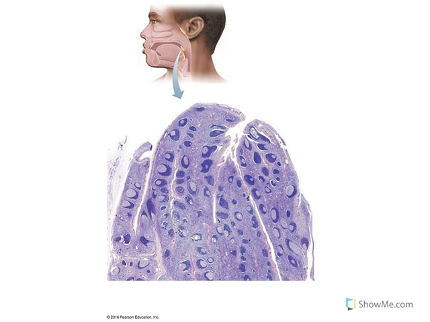Palatine tonsils, lingual tonsils, pharyngeal tonsils are all found in the mouth/nose area. So the pharyngeal tonsils are all the way up at the top up here. The palatine tonsils are found in the mouth, and then the lingual tonsils at the base of the tongue.